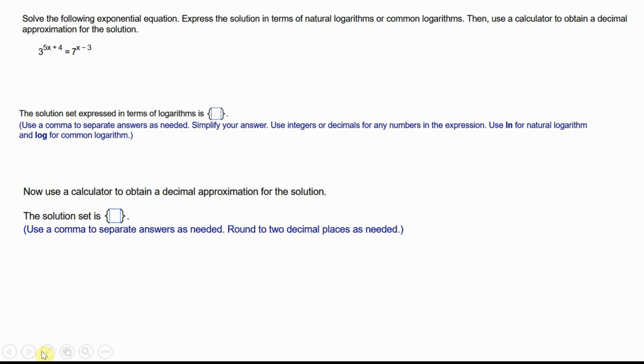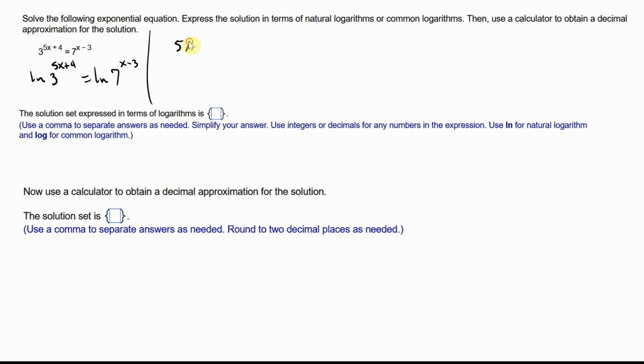All right. So here, we take the natural log of both sides. This is the natural log of 3 to the 5x plus 4 is equal to the natural log of 7 to the x minus 3. Now I use the power-to-multiplier rule.